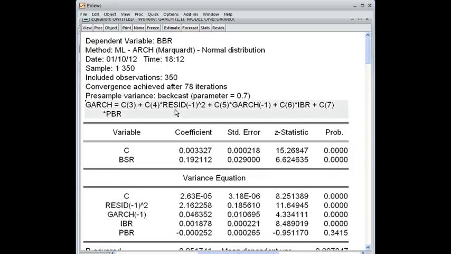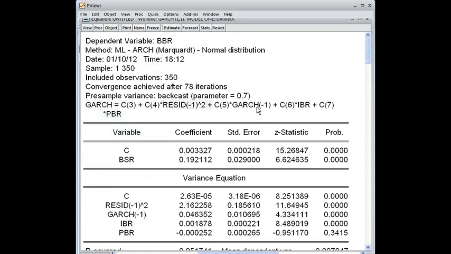So we can say from here that the ARCH term is significant to explain the volatility of the Bangladesh bond return.